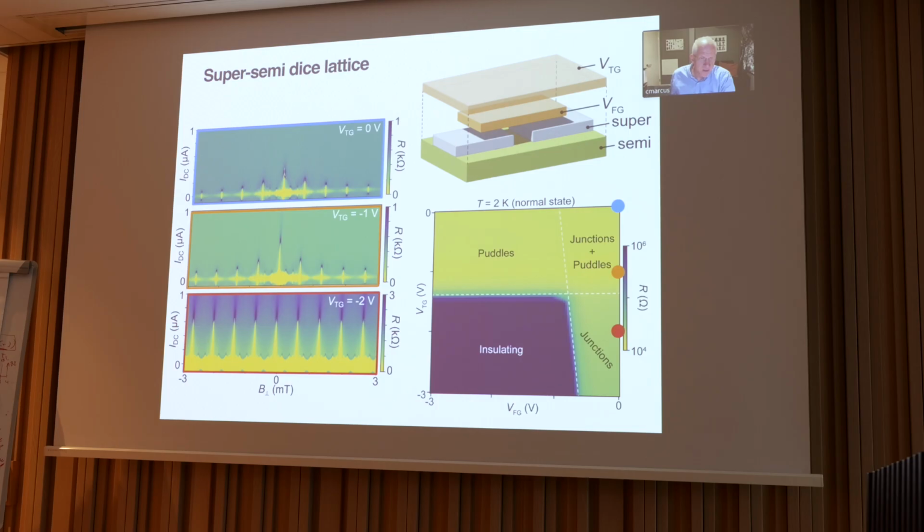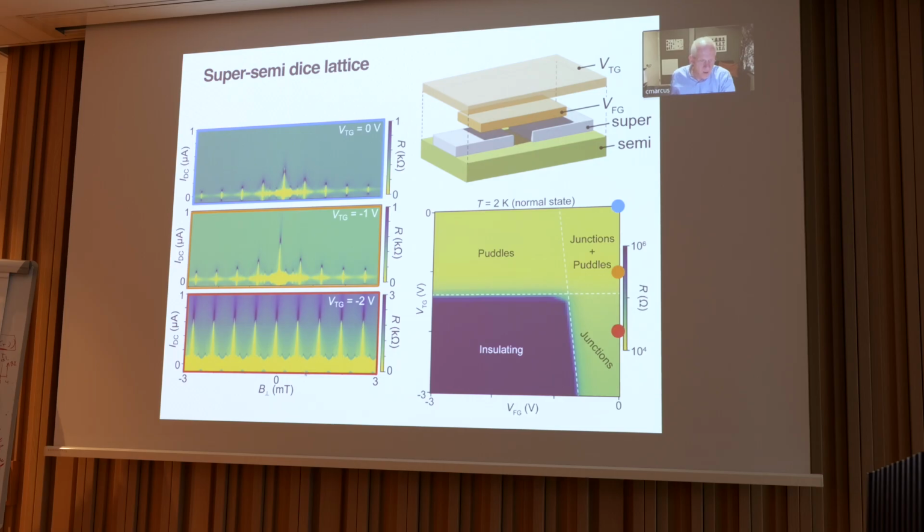Here is the flux dependence, which depends on whether the puddles are occupied or not occupied. We can look here at the junctions regime and see that in the blue area, where the puddles are occupied, there is an overall flux dependence. And that flux dependence becomes essentially periodic once the system is just at the frame gate.